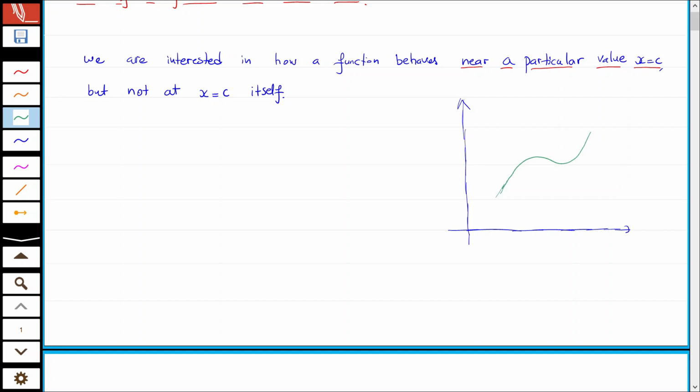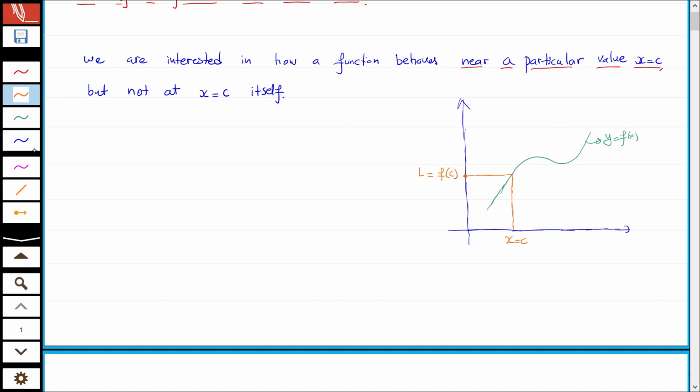And we are interested in checking the limit at this particular value, let's call it x equals c. Now, because this is the graph of the function y equals f of x, this value over here, let's call it L, would be equal to f evaluated at c.